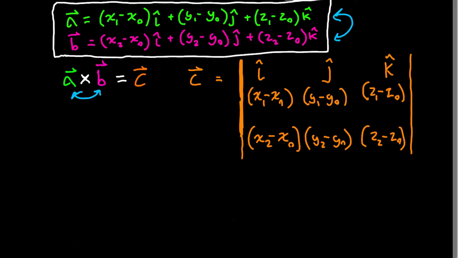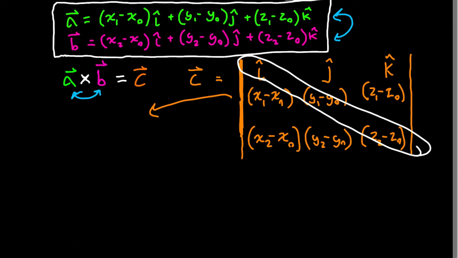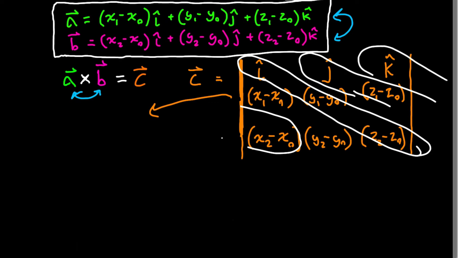So to evaluate this, I'm going to bring this over here. Essentially, all we're going to be doing is multiplying the diagonals this way, this way, and this way.